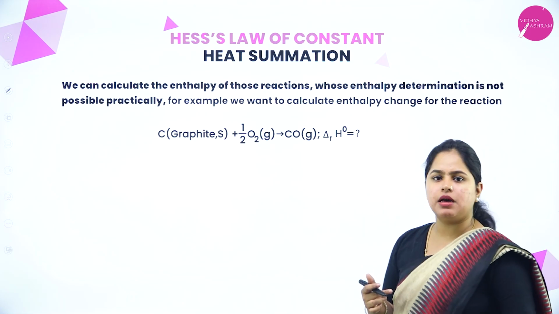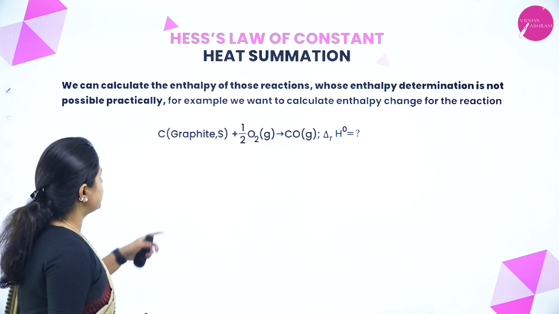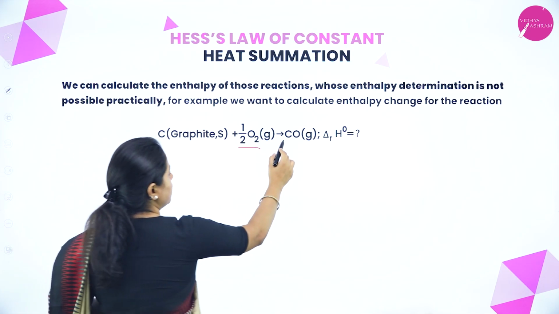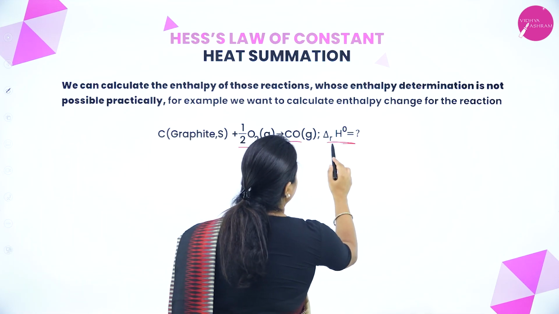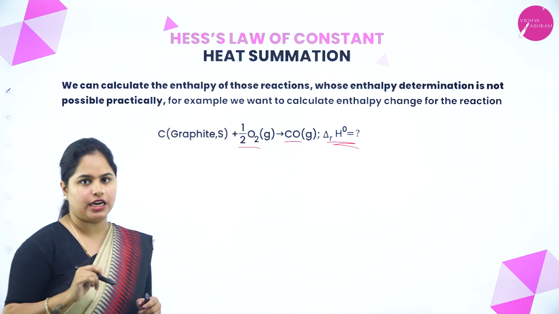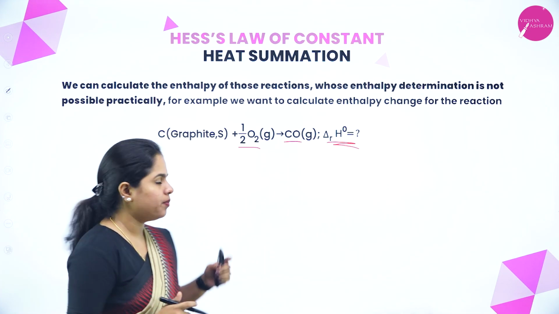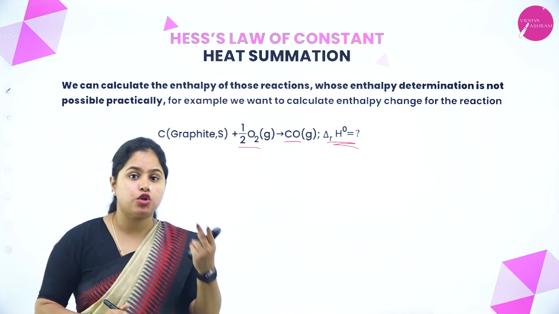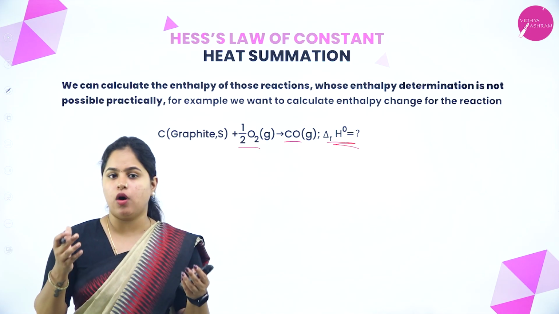Let's take an example and understand how exactly we can calculate it. Here you can see that carbon is combining with half O2 and forming carbon monoxide. We have to calculate the enthalpy of this reaction, but we don't know the value for this, and how do we calculate it? We have to calculate this using another two equations, the enthalpy of the reactions which we already know.